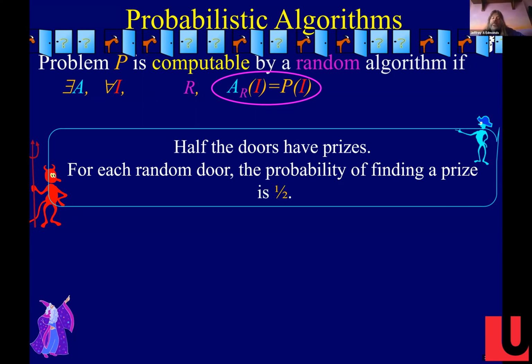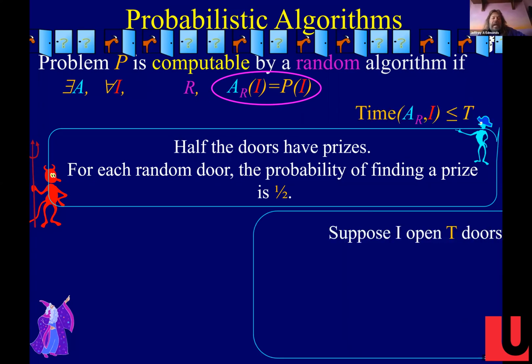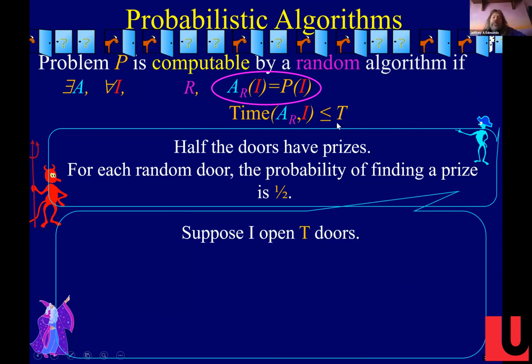It's a half, right? So now suppose I open up T doors. Let's say our running time is going to be T. I'm going to keep opening up doors until I find a prize, since I only need one prize.